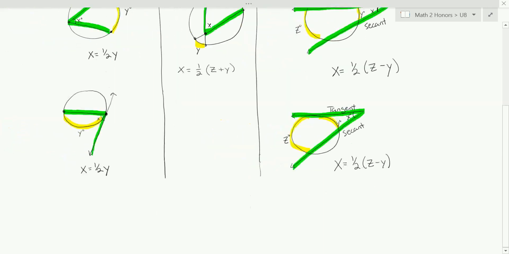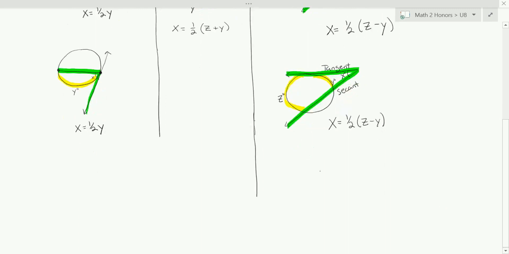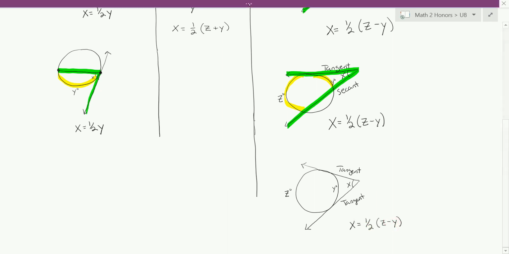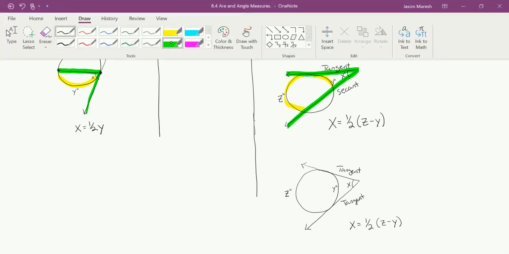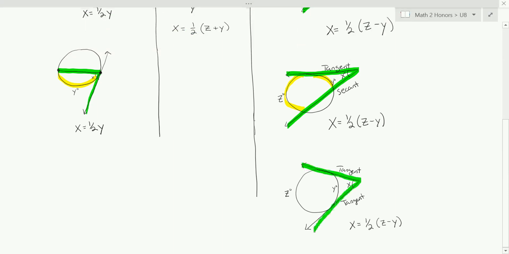The last case is when you have 2 tangent lines. And again, you get the same formula.